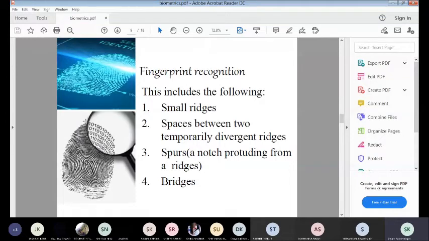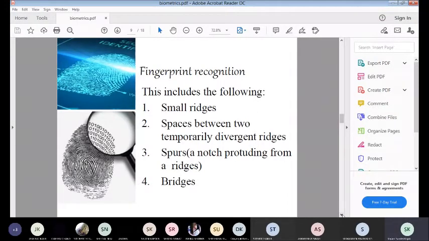These ridges are converted into digital numbers, along with the spaces between two divergent ridges, and it saves the image minutely so that it cannot be confused with any other thumb, right? And spurs and notches protrude from the ridges. This is the way of converting the thumb into digital form.